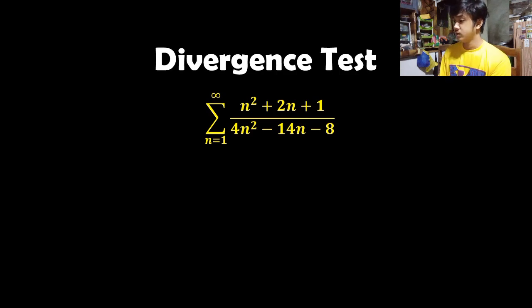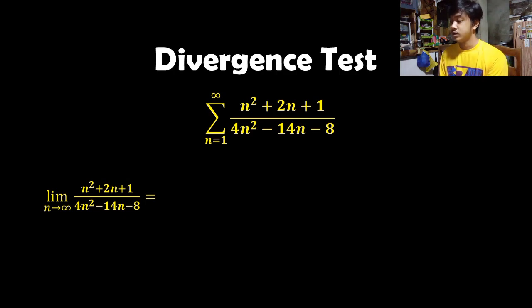So the limit of n squared plus 2n plus 1 all over 4n squared minus 14n minus 8 as n approaches infinity. In this situation, n squared is the biggest exponent, or the highest degree, in the equation.